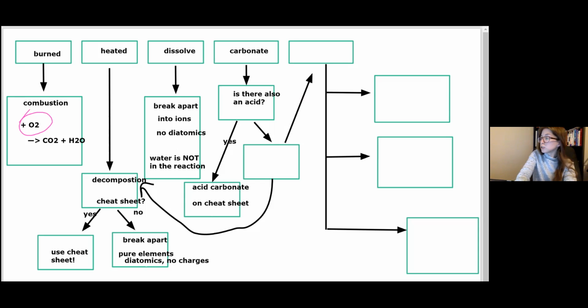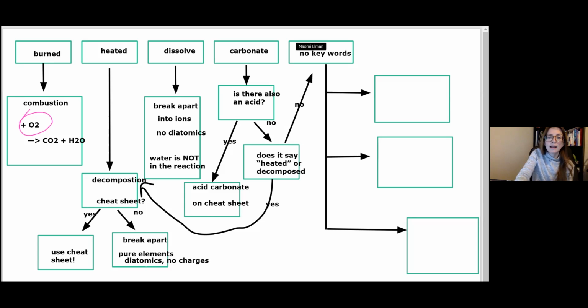If there's not also an acid mentioned, you want to ask yourself, does it say heated and you missed that keyword before, or decomposed? If it does say heated, you just didn't realize it earlier. Yes, it says heated. You're going to want to go back and look at, okay, well, what type of decomposition is it? If it does not say heated, then we're dealing with something with no keywords.